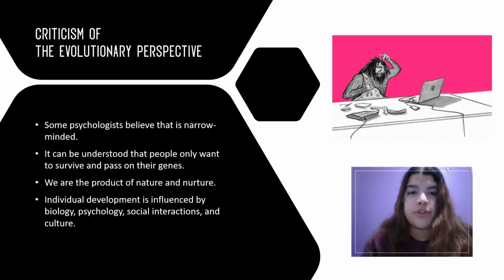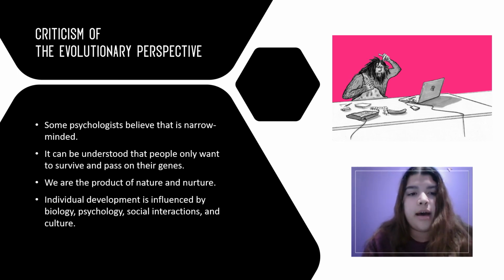Criticism of the evolutionary perspective. Everything can't be perfect, right? This theory has some criticisms, such as that some psychologists believe that it is narrow-minded, that it is not covering enough. Another point is that it can be understood that people only want to survive and pass on their genes.